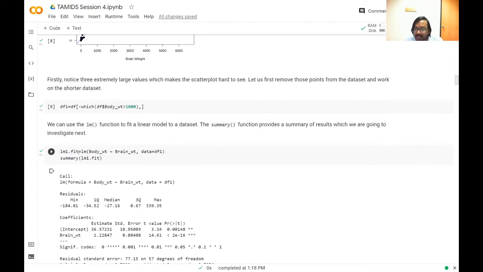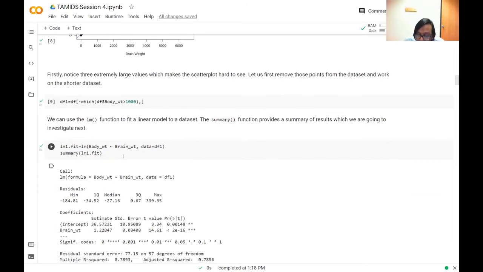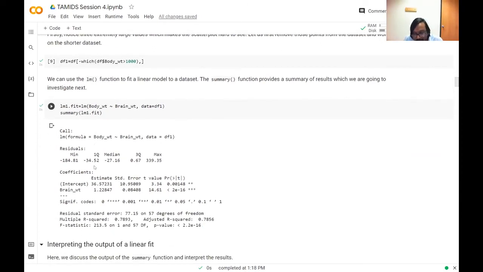If you want to understand the details of this linear model, you use the summary function. We use summary of this variable lm1.fit to read the details of the linear model. And we get quite a lot of output over here. So let us try to understand each of these outputs in detail.